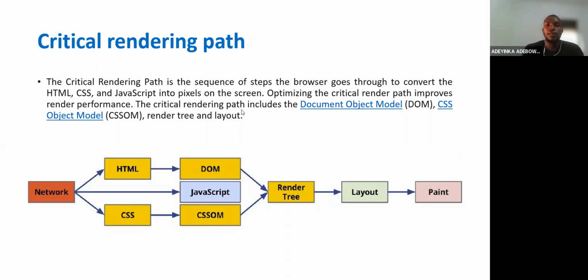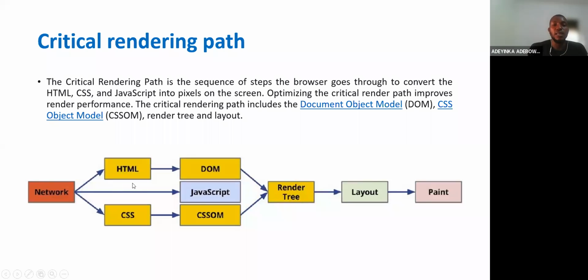As you can see on my screen, whenever you make a request to a particular resource, the first thing that gets loaded is the HTML, that in turn creates what we call the document object model. So your HTML gets loaded and creates the document object model.